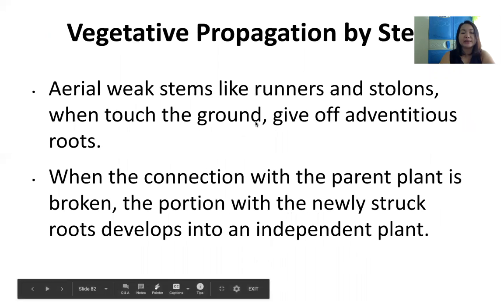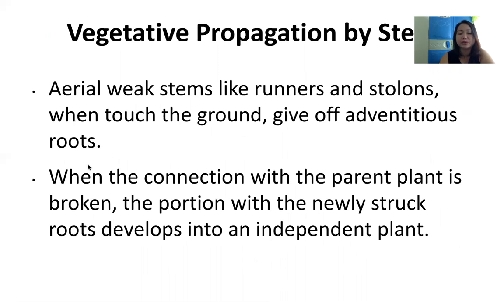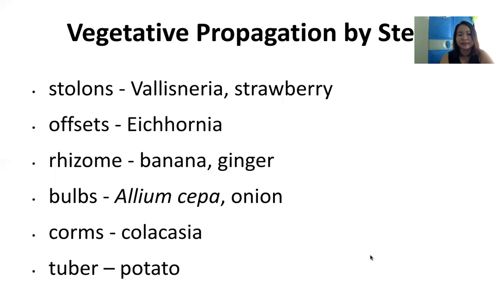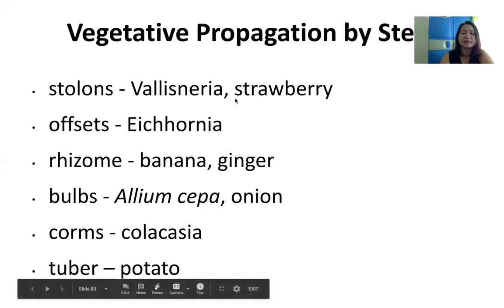For stems, aerial weak stems like runners and stolons of strawberries, when they touch the ground, give off adventitious roots. When the connection with the parent plant is broken, the portion with the newly struck roots develops into an independent plant. Examples are the stolons of Vallisneria and strawberry.